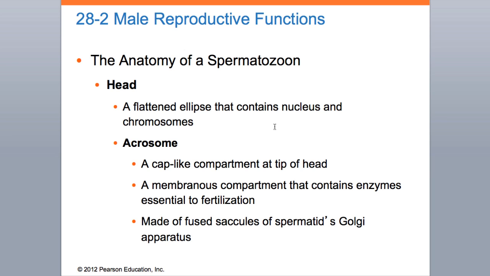Okay. So the nucleus is there, containing 23 chromosomes. The acrosome contains enzymes necessary for fertilization, one of which you already learned in Biology 2401, and that was hyaluronidase. So among enzymes, one of the ones you've learned is hyaluronidase. Okay, next.